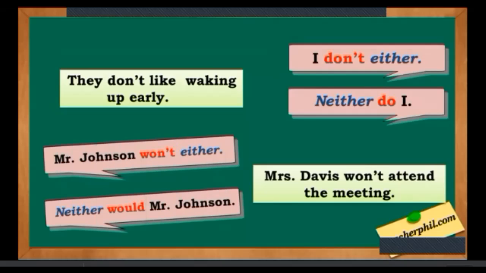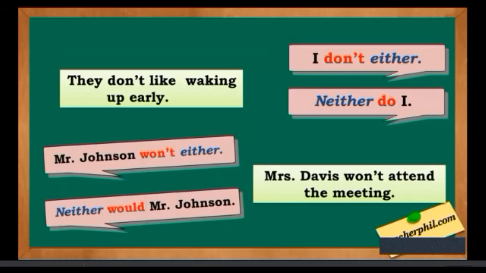Mr. Johnson won't either. Or, neither would Mr. Johnson. Notice that either comes at the end of the sentences after the negative verbs don't and won't, while neither is at the beginning of the sentences before the auxiliary verbs do and would. Notice that the verbs aren't in their negatives.